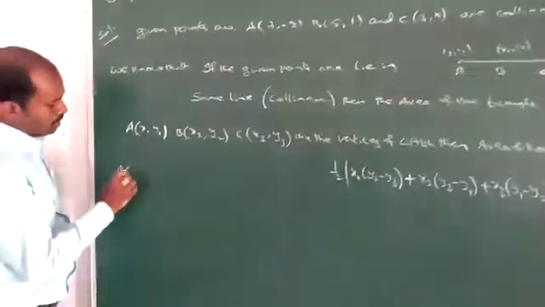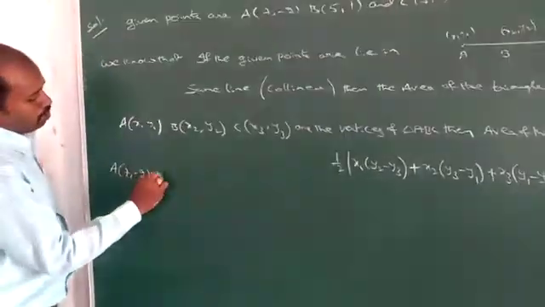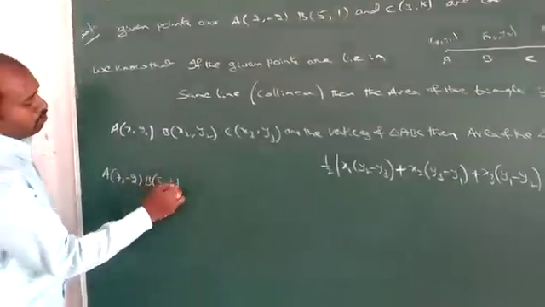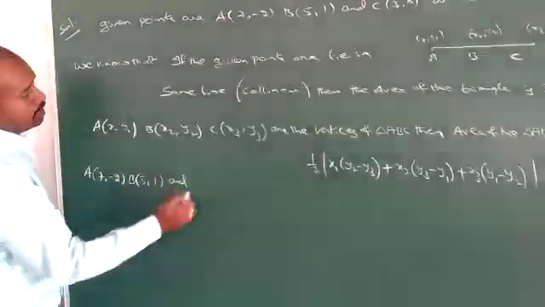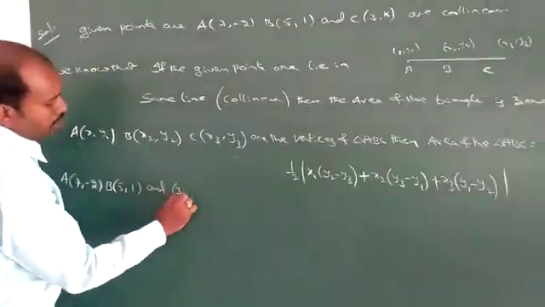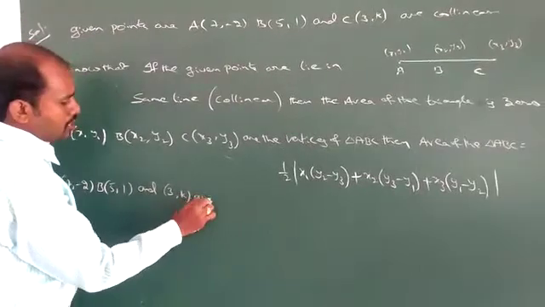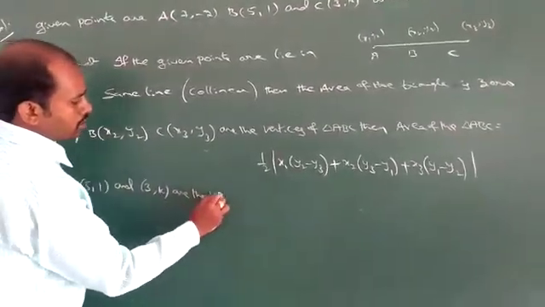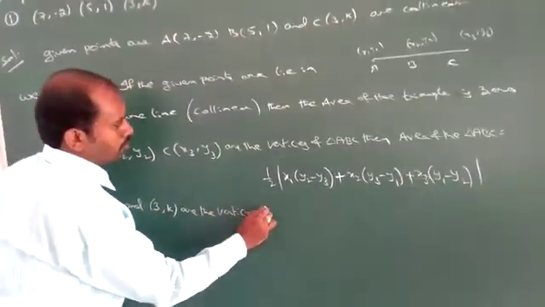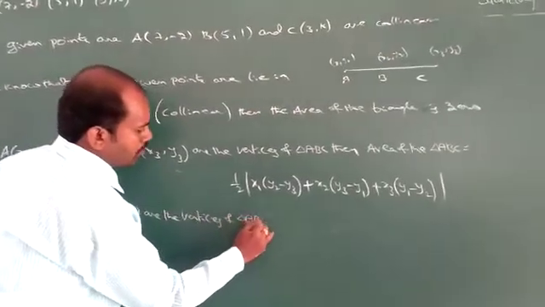A means how much? (7, -2), B (5, 1), and C is (3, k) are the vertices of triangle ABC.